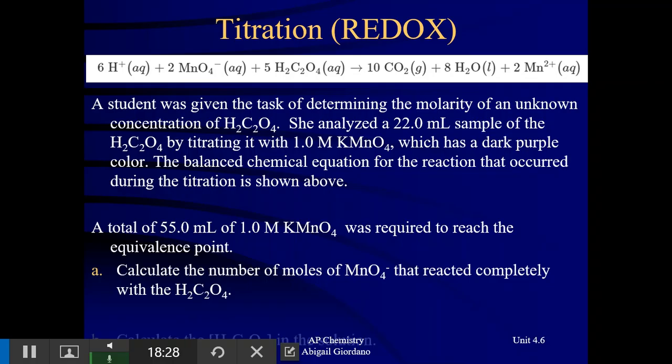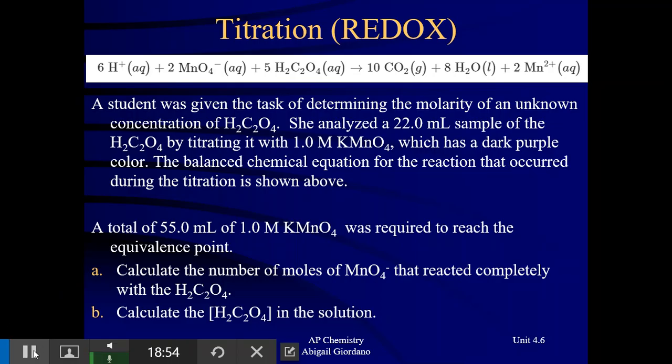Okay, fine. And then letter B says calculate, remember what brackets mean, calculate the molarity of the oxalic acid in the solution. Okay, so I want you to try this one. It's really no different than what we were just doing. Pause the video, see if you can answer it.